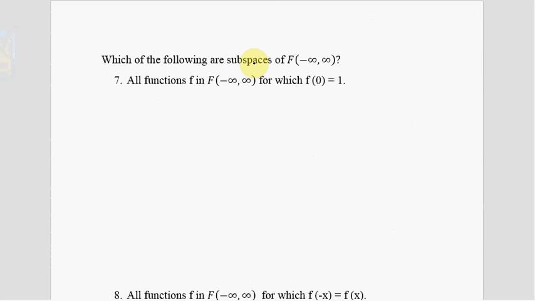A very big space that contains a whole lot. So here it says all functions f on this space for which, when the function is evaluated at 0, you get 1. And so what they're saying is, is the sum also the same? No.